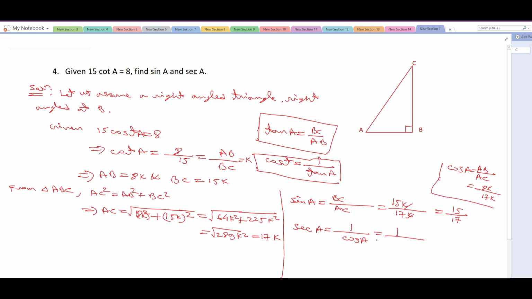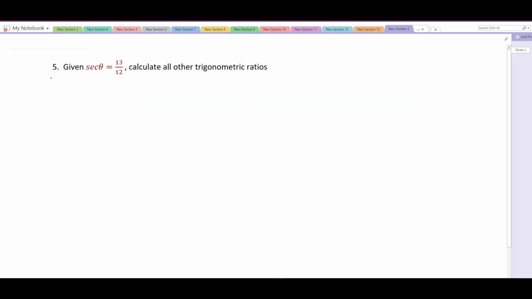So sec A equal to 17K by 8K. K cancels out. We have 17 by 8. Now we solve this question.